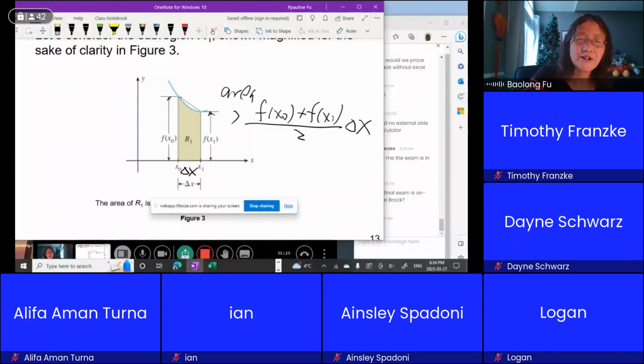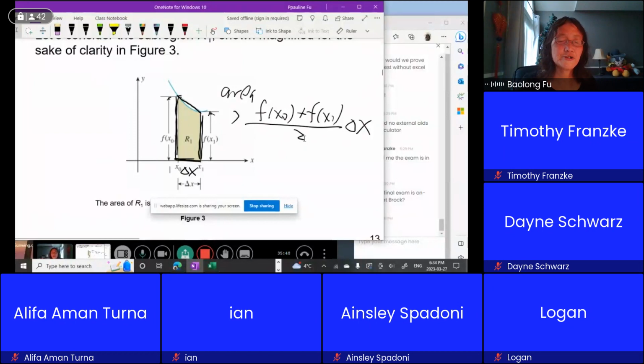Then we use f(x0) plus f(x1) over 2 times delta x. So this is the trapezoid rule.